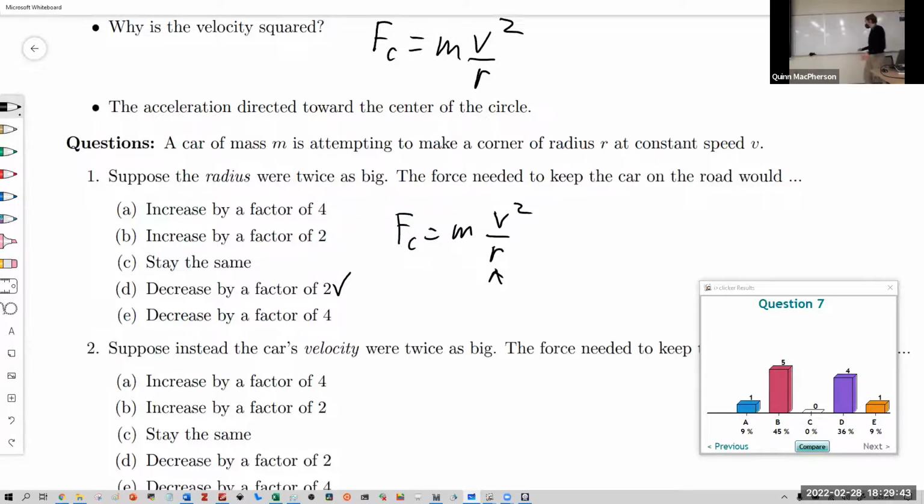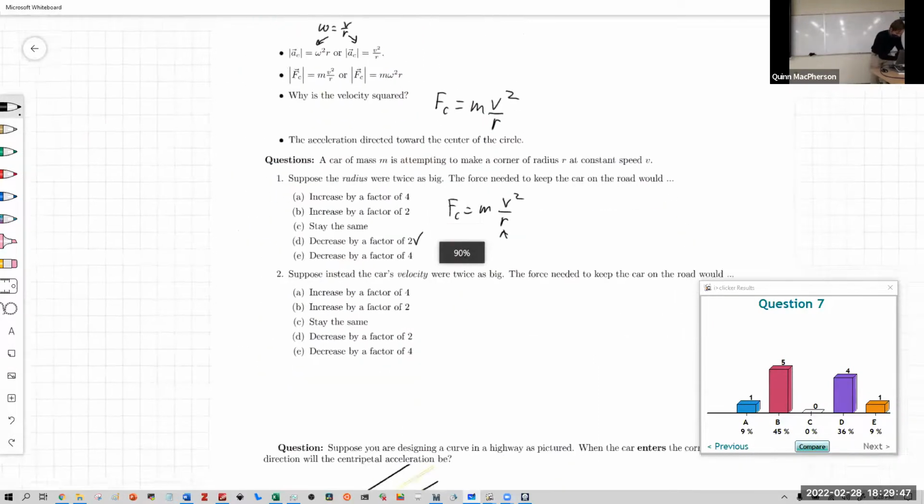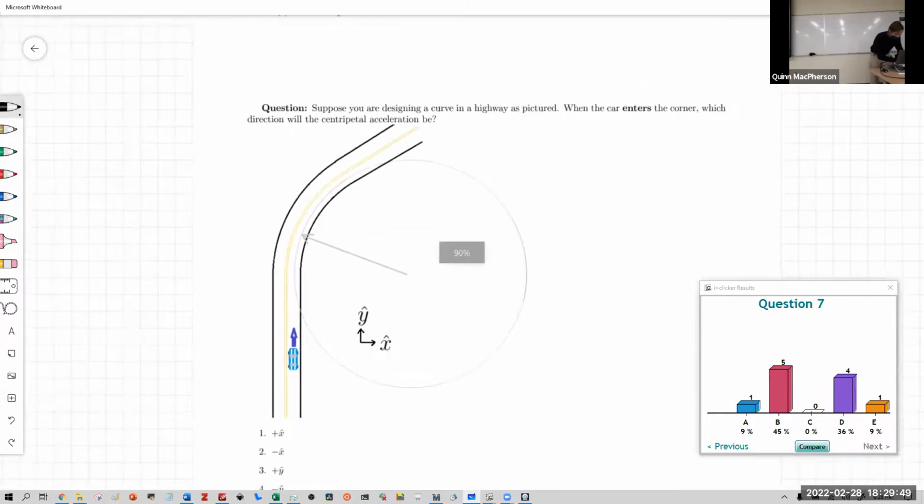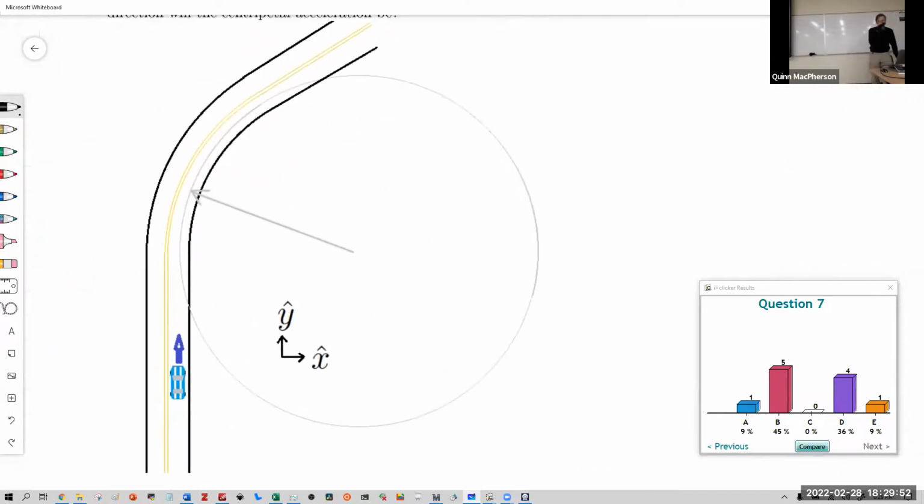Okay, let's make sure this makes sense. So I have a picture of this later on in the lecture, don't I? So imagine this is our corner. So you might wonder, what is a radius of a corner, if the corner doesn't have to go all the way around the circle to have a radius? What I mean by a radius of a corner is, imagine this is our little corner here. Here's our little car. It's going around a corner.